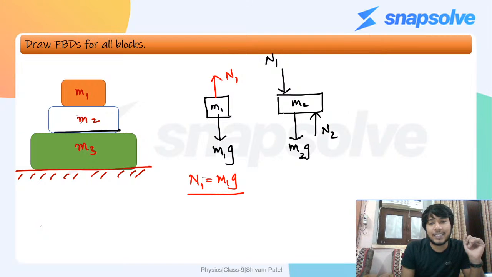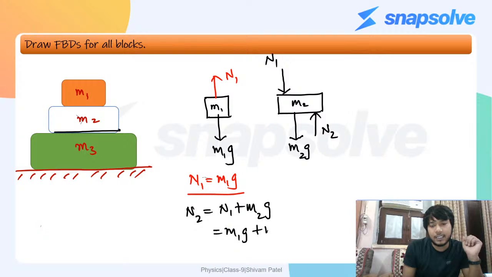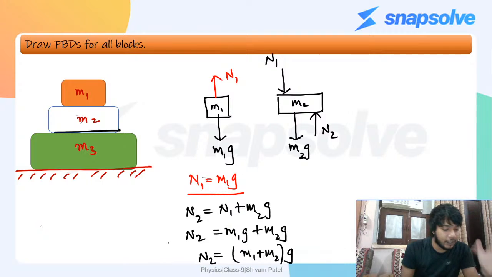So you can say that the net downward force should be equal to net upward force. That means N2 should be equal to N1 plus m2g, and in place of N1 you can write m1g, so this will become m1g plus m2g. This is equal to N2. You can take g common, so this will become (m1 plus m2)g. This is the value of N2.